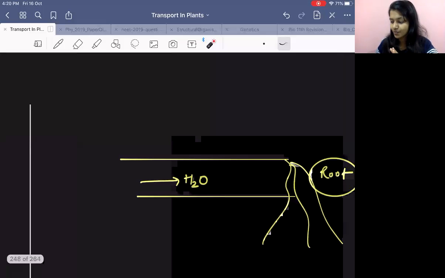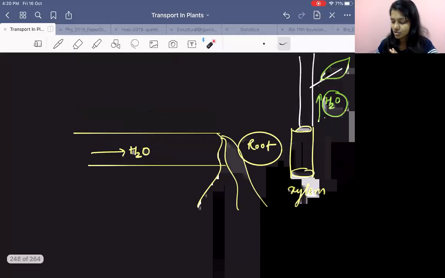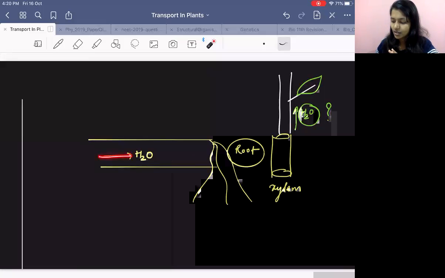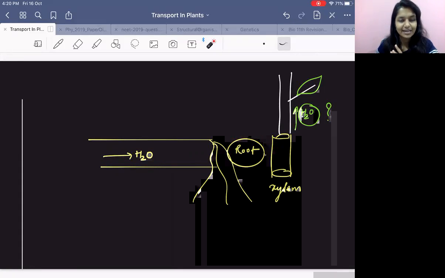And where did they reach? Look at this. Finally, water has reached the xylem of the root. Now, the next question is, how is water going to go to the upper parts of the plant?